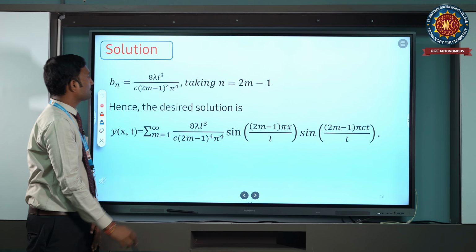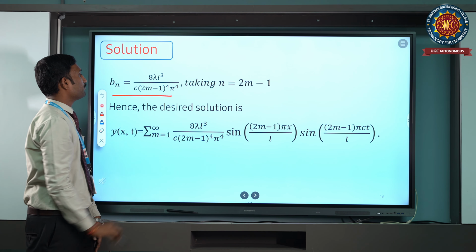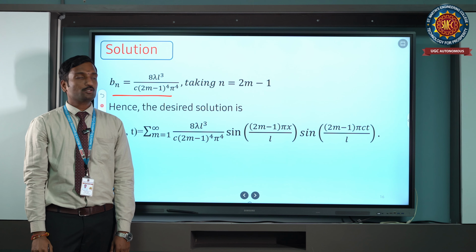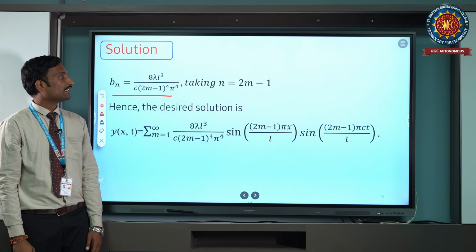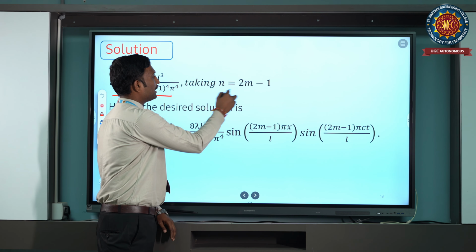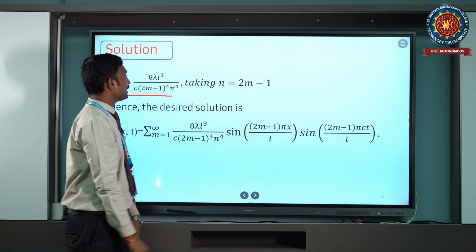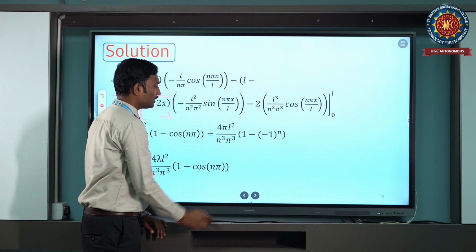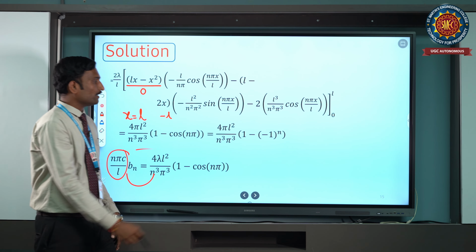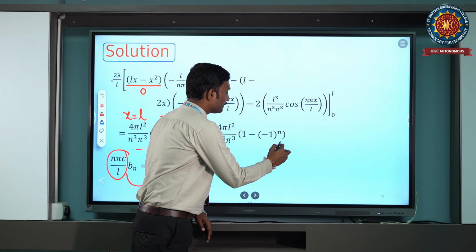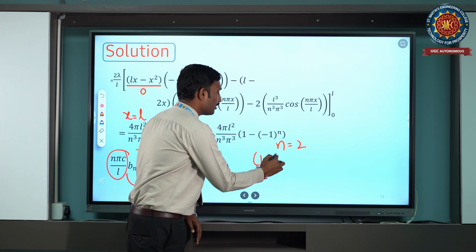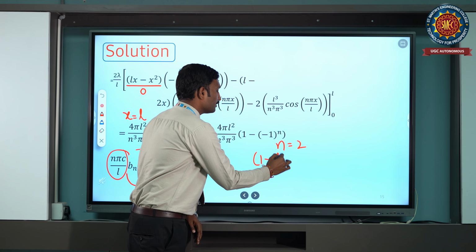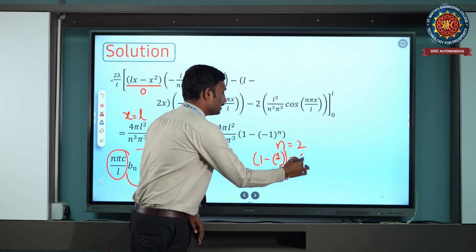By equating and taking this term to the right hand side, we get the bn value equals 8λL³/(c(2m−1)⁴π⁴), taking n equals 2m minus 1. Here we take n equals 2m minus 1 because if we take n as even, then this term becomes 1 minus 1, which equals 0.